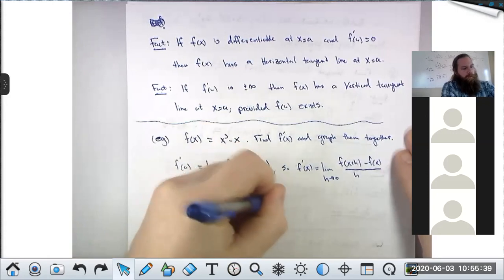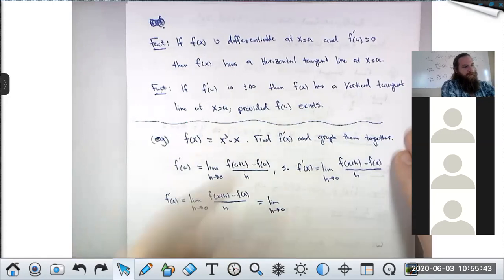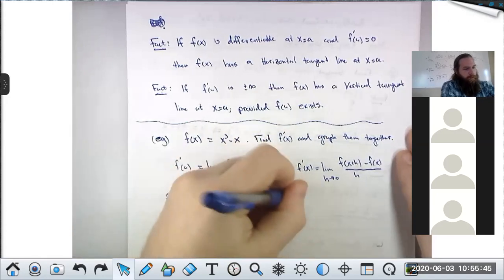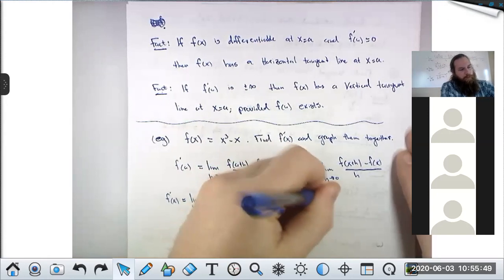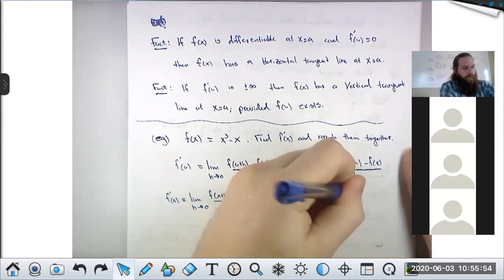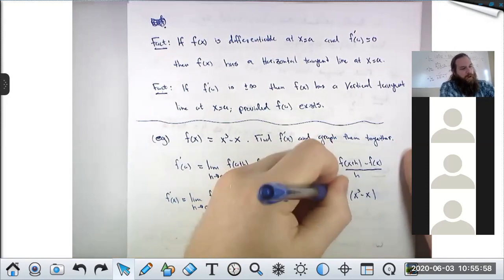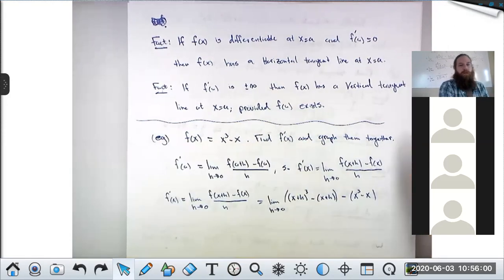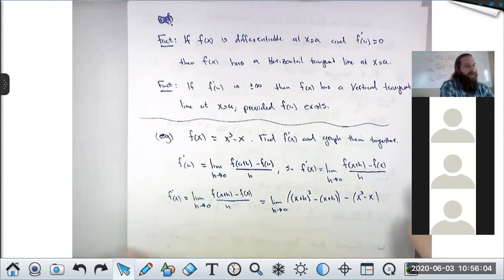That's the limit as h goes to 0 of f of x plus h, which is x plus h cubed minus x plus h, and then f of x is x cubed minus x. Putting those things in big parentheses like this is a good idea. At least the second one needs them, so you remember to distribute the negative.